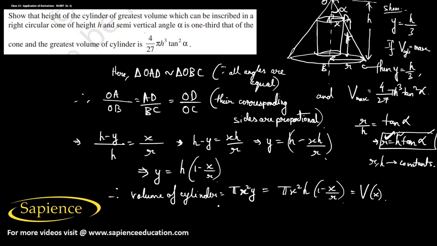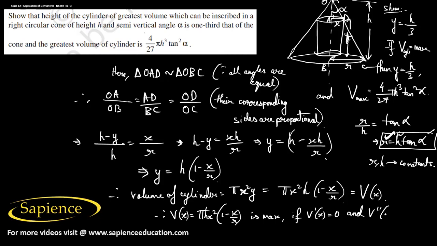So now, v of x is equal to pi h x square into 1 minus x by r. It has the maximum value if v dash x is equal to 0, and v double dash x is less than 0.